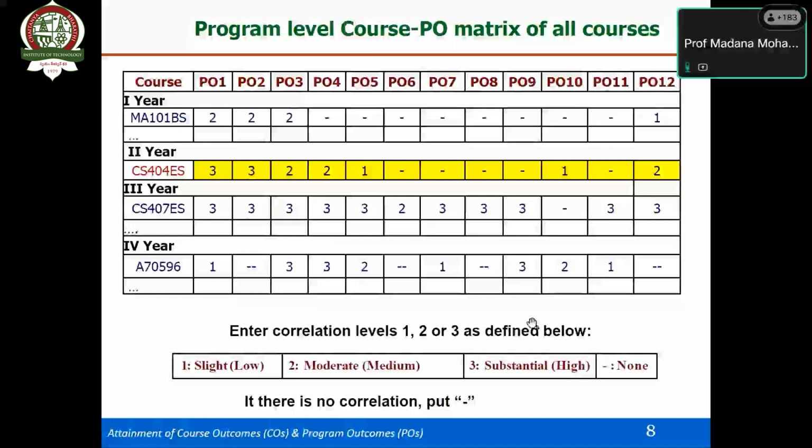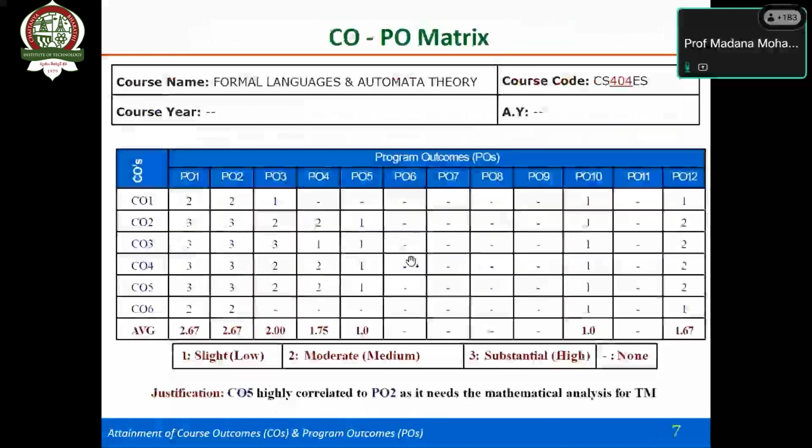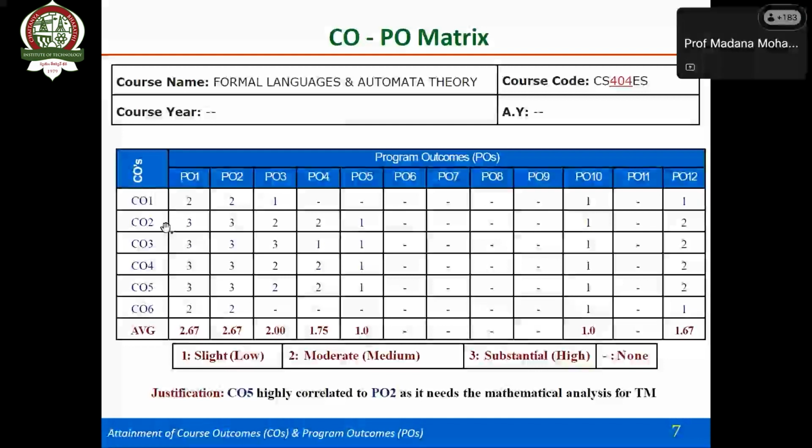Similarly for COs also, you can see the articulation matrix, the weighted average. Here you can see PO1 2.67, 2.67 like that. Similarly, even CO-wise also, you can fix some target level. Based on that, what is your attained level?